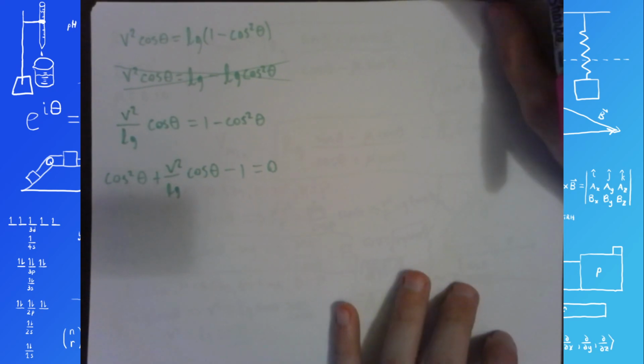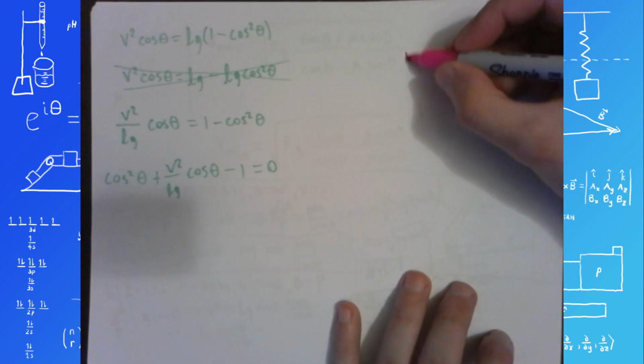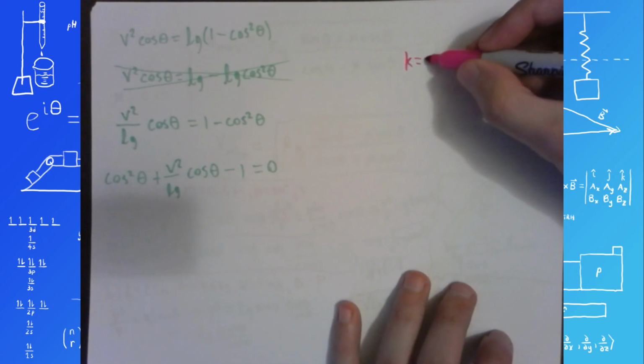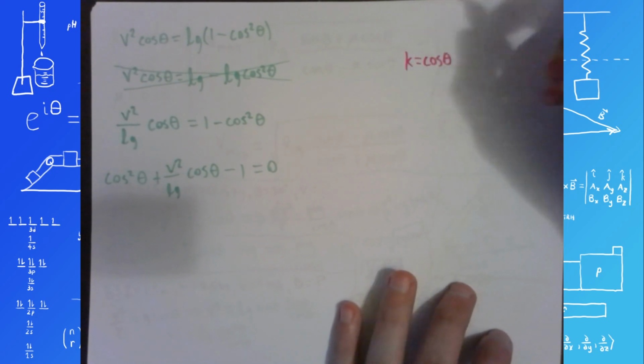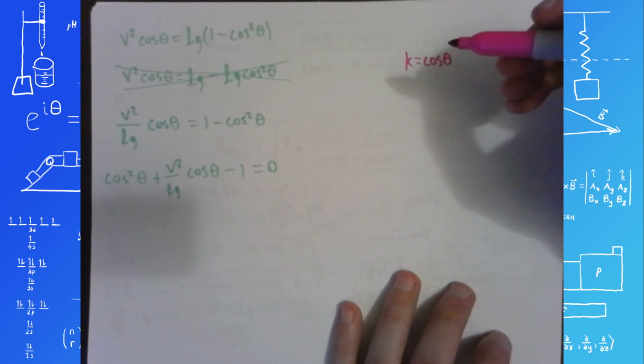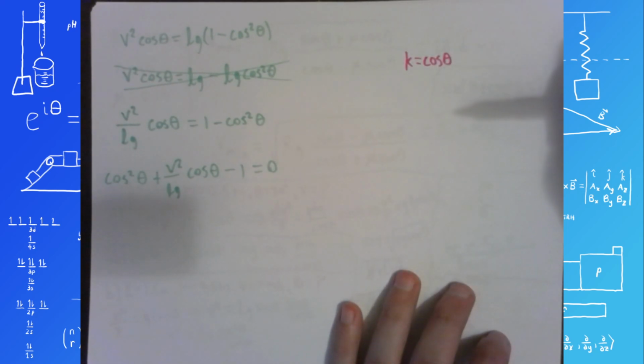You can say, for example, k is equal to cosine theta, or come up with some other letter, not L or G because we've already used those.